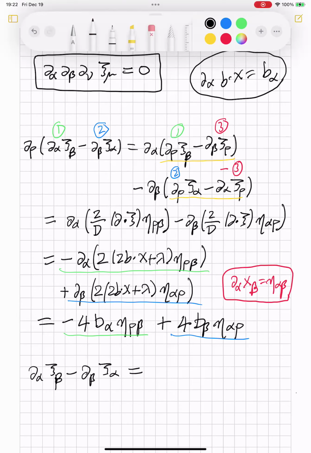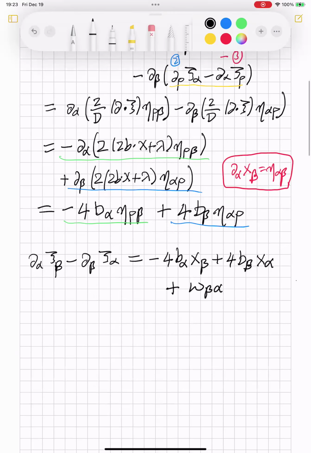So for the first term, we would have minus 4 b alpha, and we would have an x beta, and then we would have plus 4 b beta, and we would have an x alpha. So obviously, if I differentiate this d rho, I will get the line just above. The only extra thing that I must add in, let me not forget that I could add in a constant omega beta alpha.